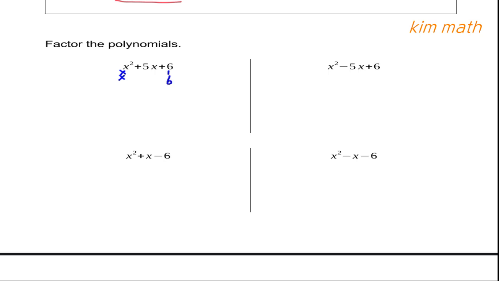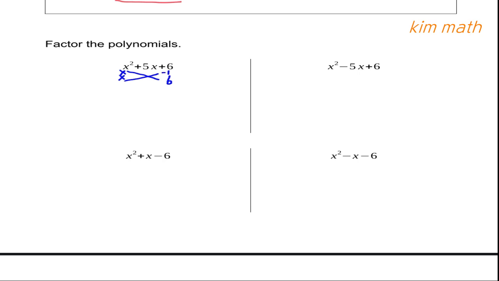I can start with 1 and 6 because 1 times 6 is 6, right? Now, what is the cross multiplication? 1x, 6x. With 1x and 6x, can you make 5x? Yes, it is possible if 1 is negative, right?